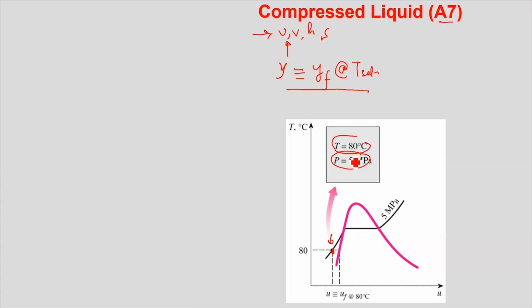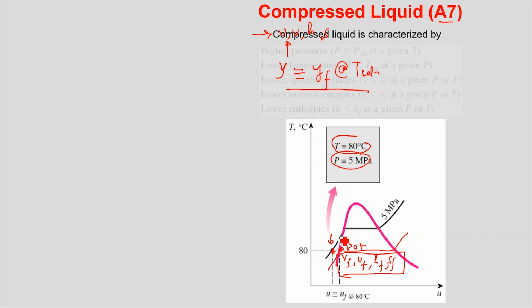So if your system is at 80 degrees centigrade, you will consider the saturation temperature of 80 degrees centigrade, and you would read the Vf property, Uf property, Hf or Sf property as an approximation for this temperature.